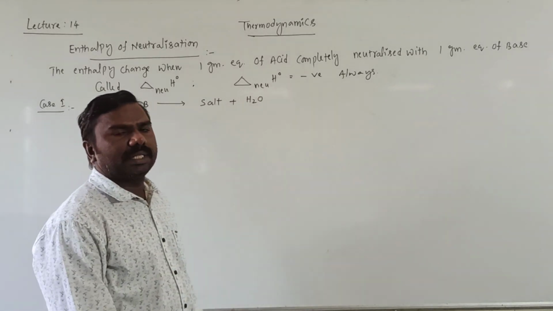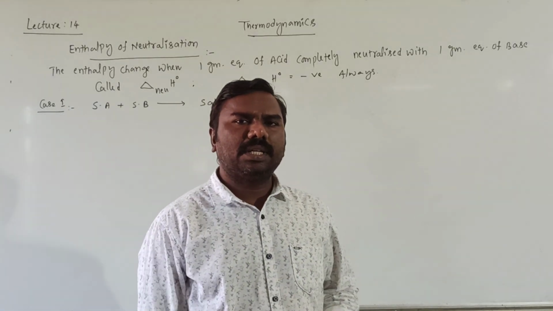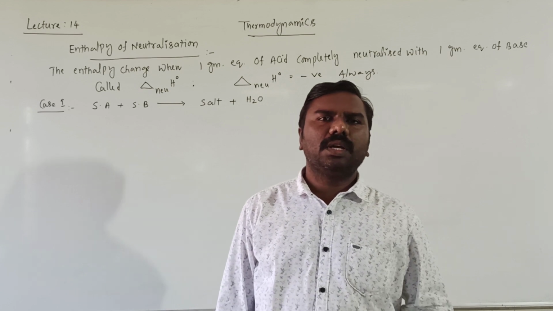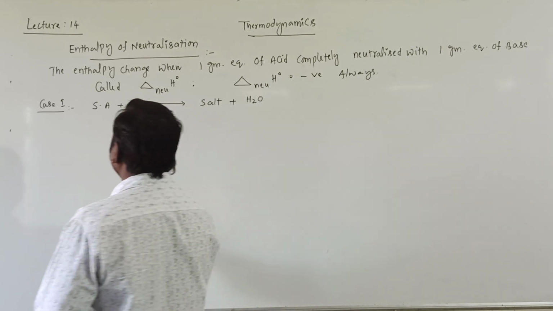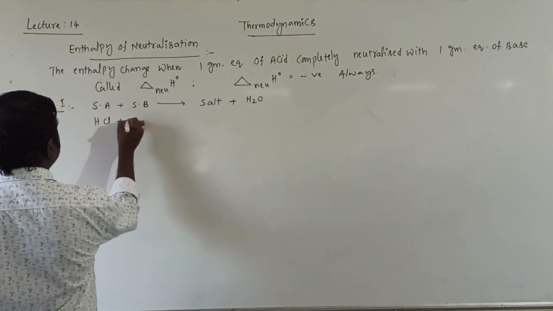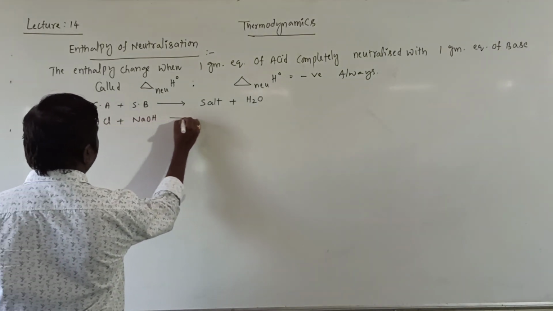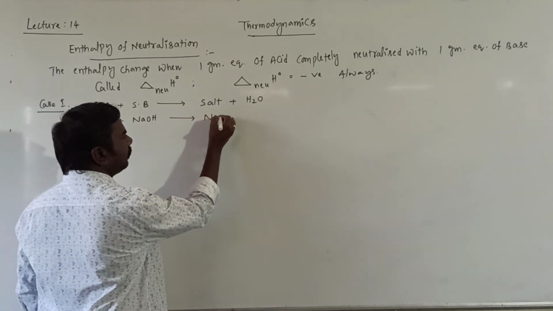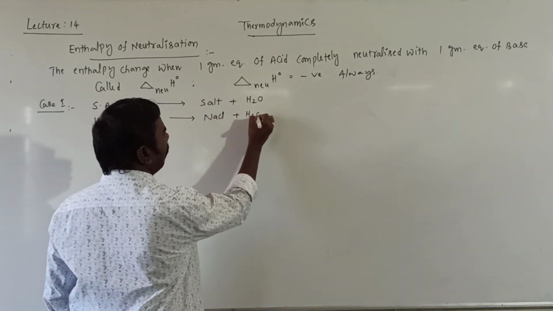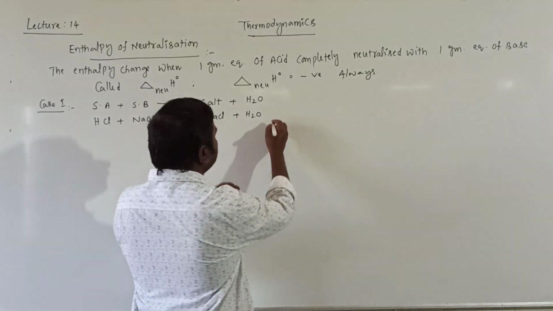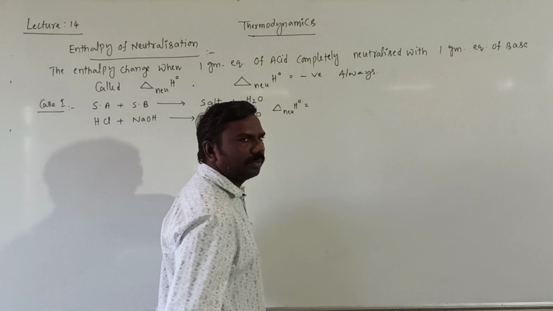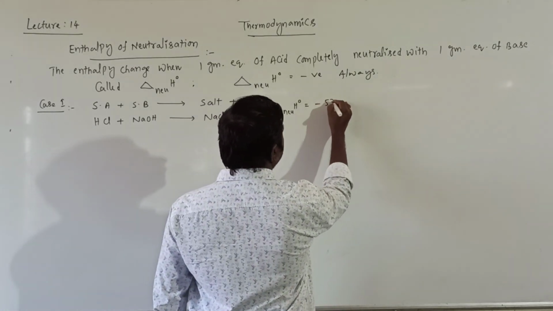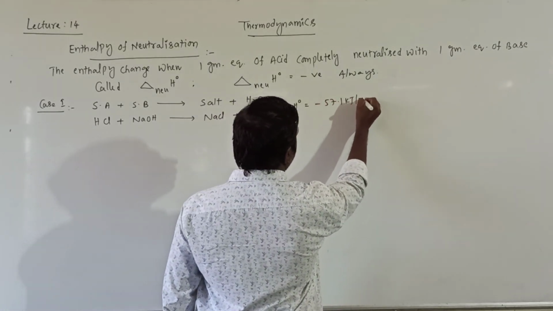Any strong acid you can take, like HCl, H2SO4, HClO4, HIO4. I am taking HCl plus a strong base NaOH, then give rise to NaCl salt and water. For this, enthalpy of neutralization is equal to minus 57.1 kilojoule per mole.